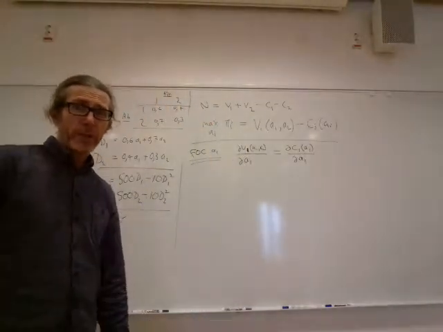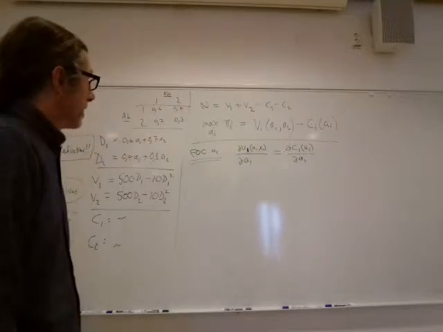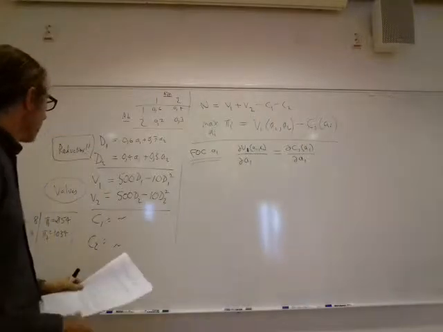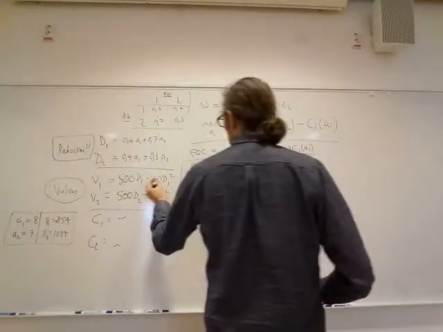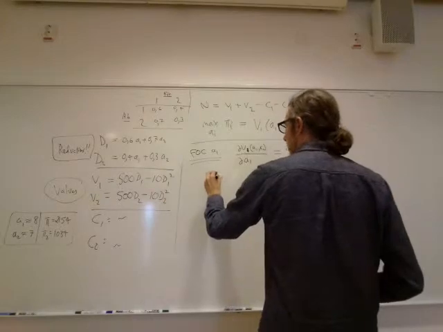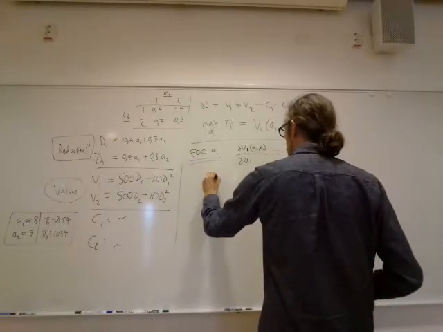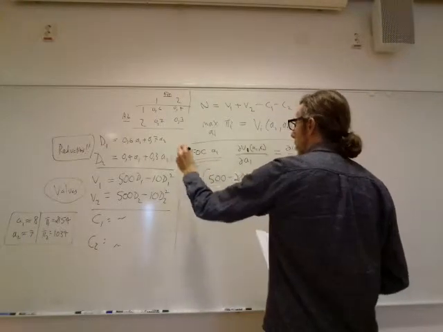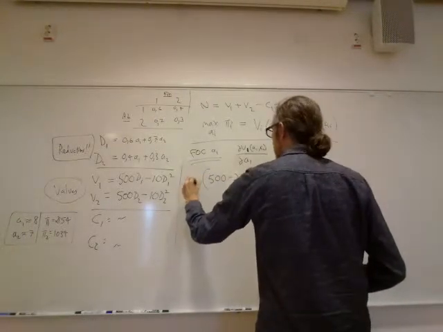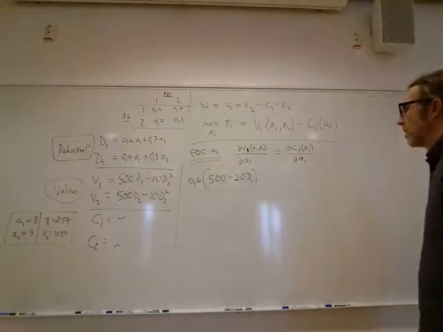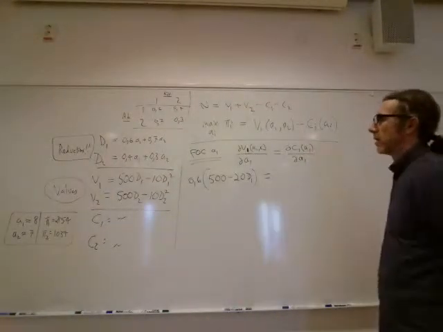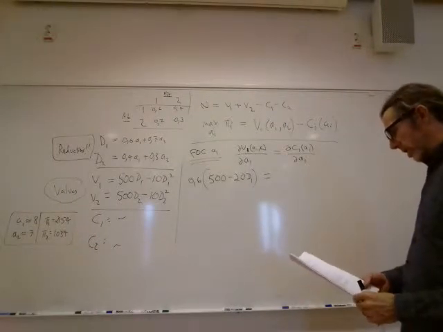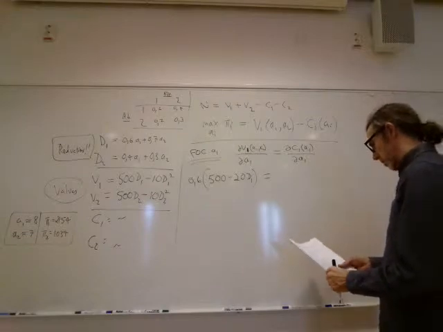I think I'm getting this right. Let's see if this turns out right. The dV1/dA1 is actually the dV1/dD1, which is 500 minus 20 D1, times the dD1/dA1, which is 0.6, equals the dC1/dA1, which is 100 plus 30 A1.